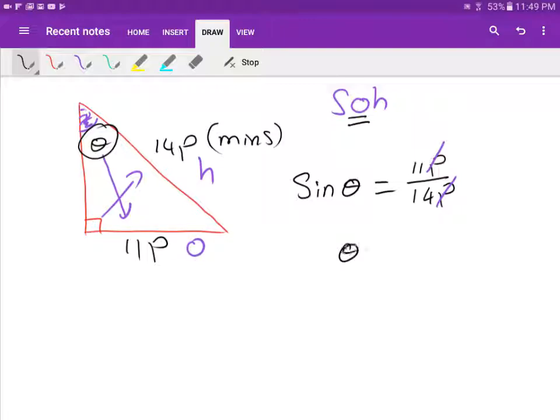So theta is equal to sin inverse of 11 over 14. If you type that in your calculator, you should get 51 degrees and 47 minutes.